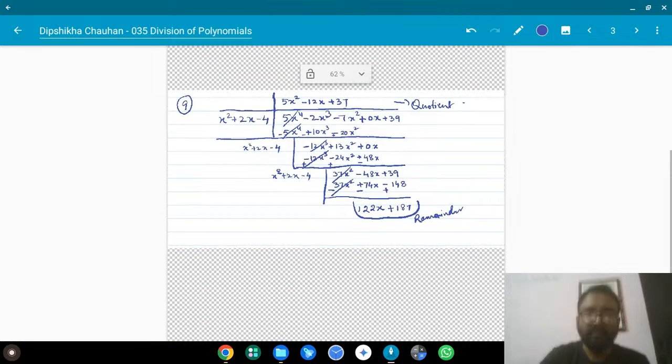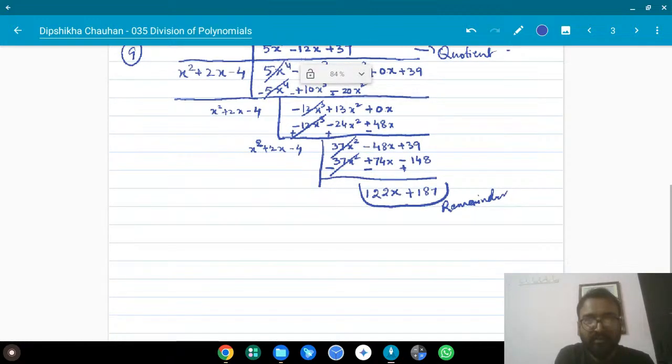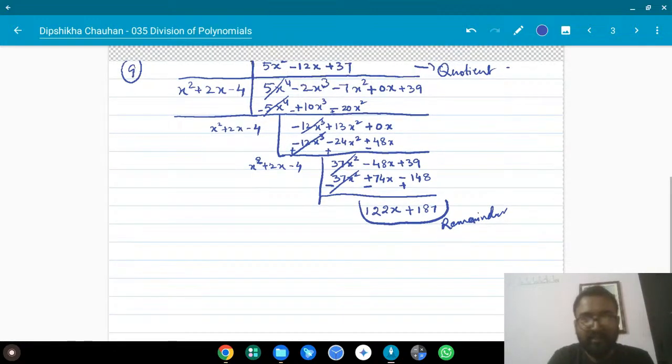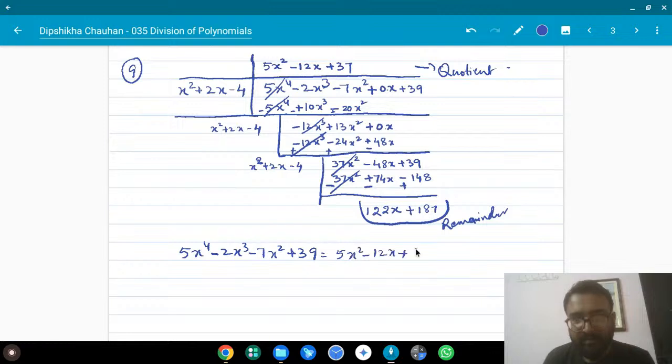So therefore dividend equals divisor times quotient plus remainder, so finally we can write it with the previous logic. It is 5x power 4 minus 2x cube minus 7x square plus 0x plus 39 is equal to quotient 5x square minus 12x plus 37 into x square plus 2x minus 4.